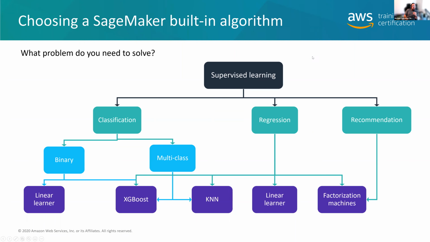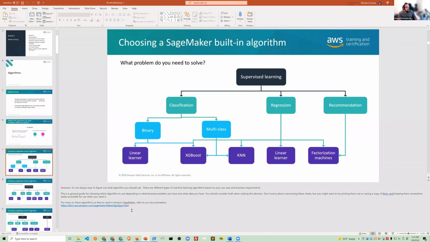So when it comes to classification, linear learner could be used along with XGBoost to do just simple binary classification. So this is a general guide. Now I will tell you, I think this is in the student notes. Let me see here. Oh yeah, here it is.